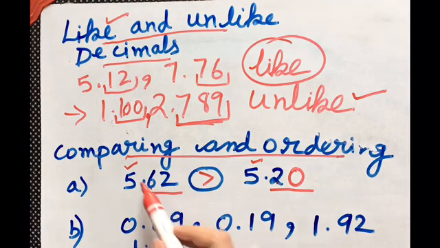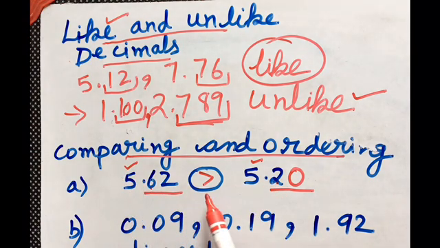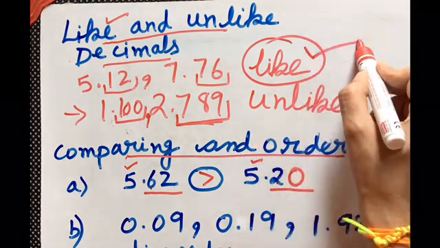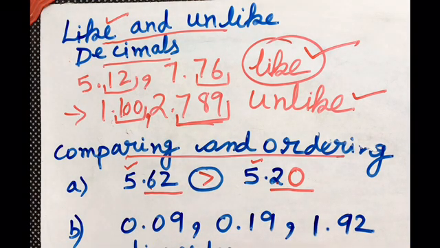Start comparing from 5, they are equal. Then 6 and 2, 6 is greater, so 5.62 is greater in these two numbers. So first we will have to start comparison from the digit of highest place value. Fine. So this way you are going to compare.